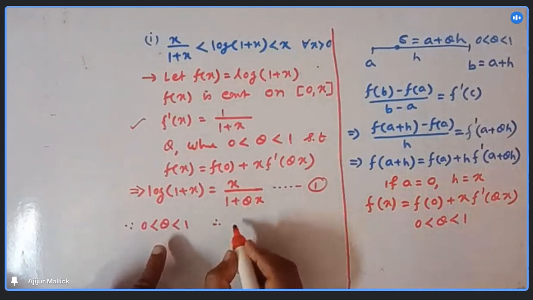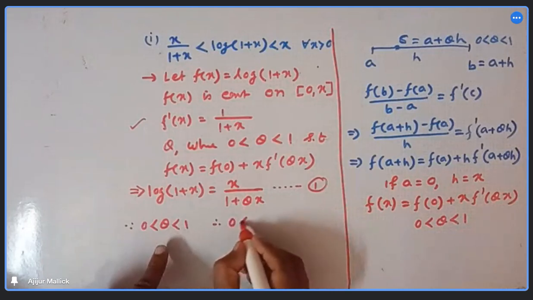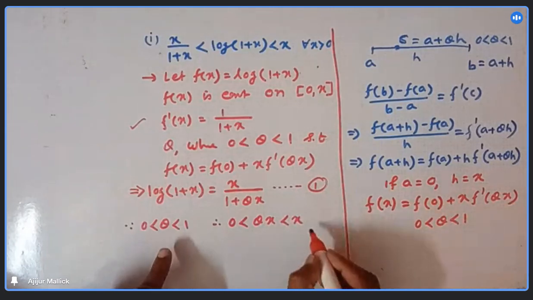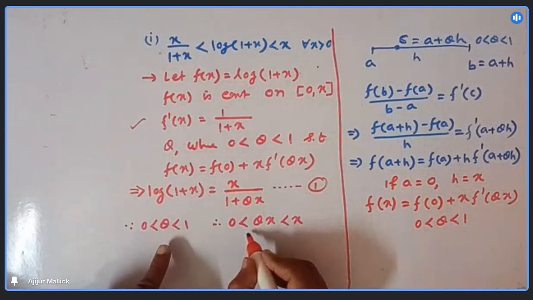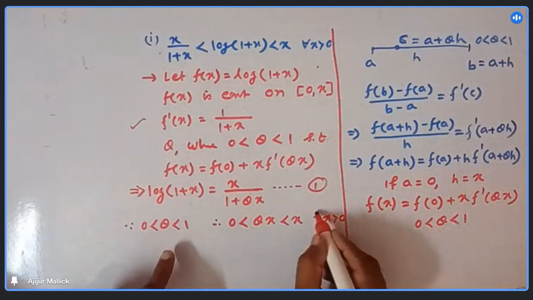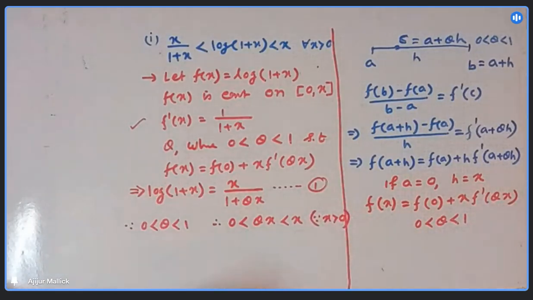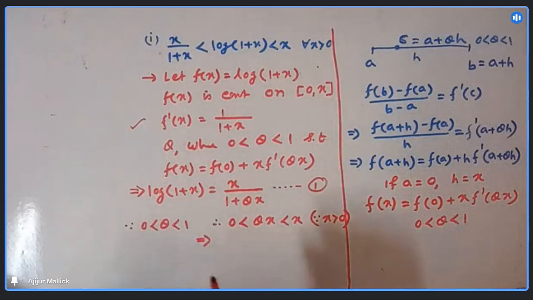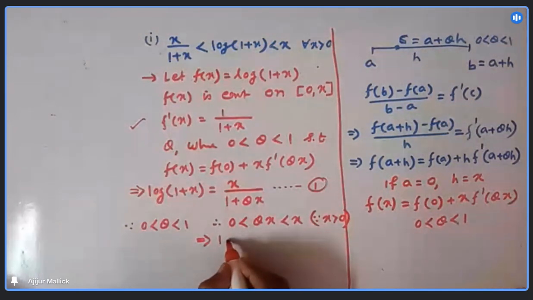So first multiply by x. So 0 less than theta x is less than x, and here the inequality remains the same since x is greater than 0. Now add 1.